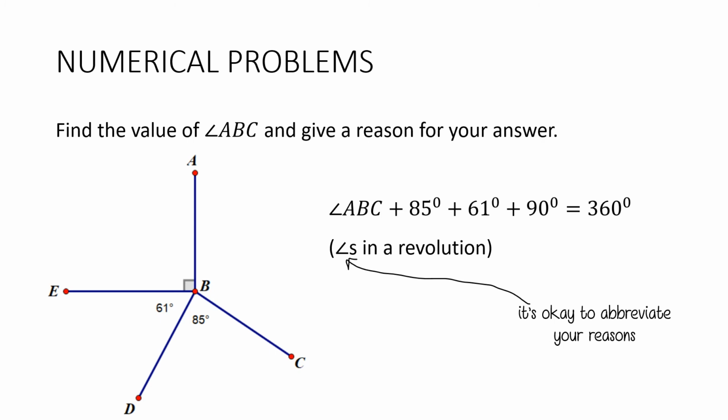It's okay to abbreviate your reasons, providing the person who's reading your answer understands what you're talking about. So this is a common abbreviation for angle. So this would read angles in a revolution. Okay, now we need to subtract 85 and 61 and 90 from 360. And so angle ABC is equal to 124 degrees.